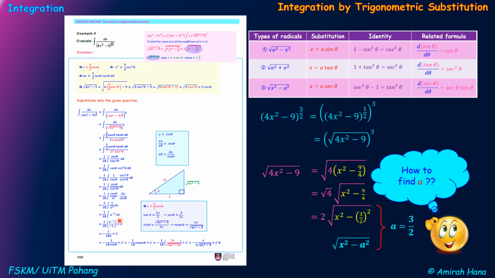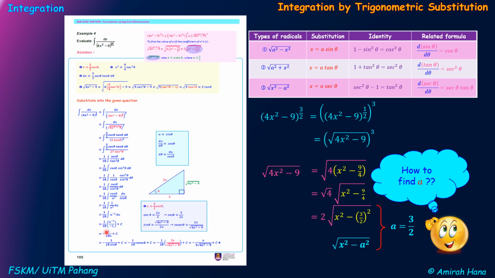Power rule for integration tu apa? Kita tambahkan satu kuasa, berbalik dengan kuasa yang dah tambah tadi. So dapatlah u to the power of negative 1 over negative 1.